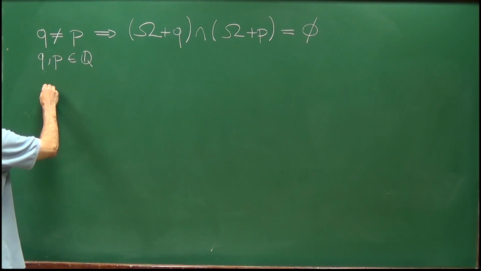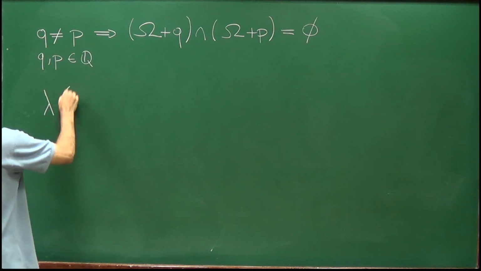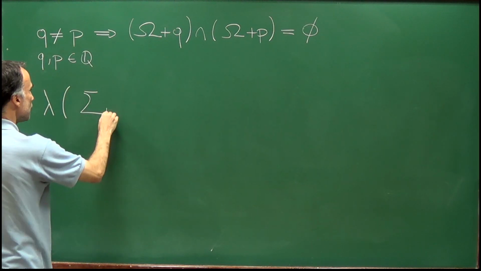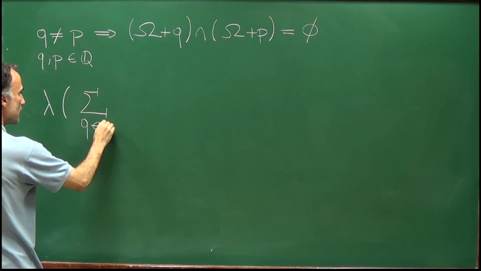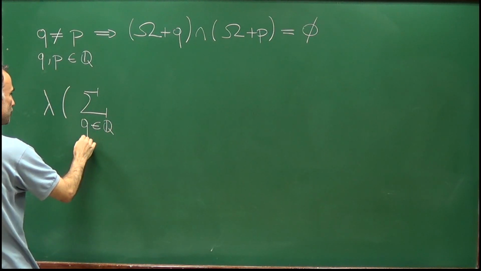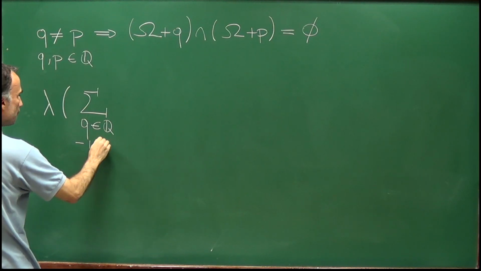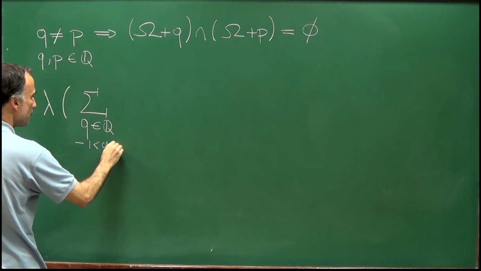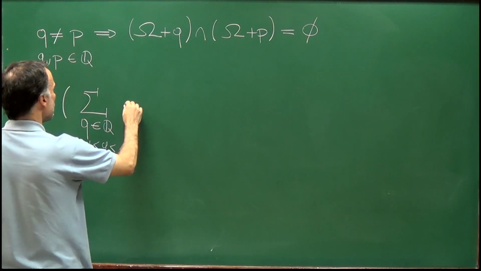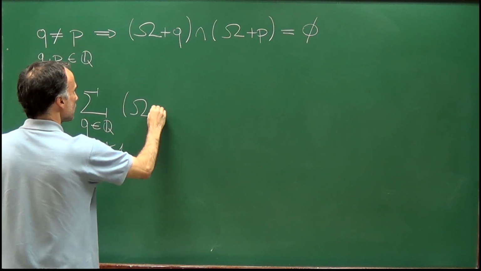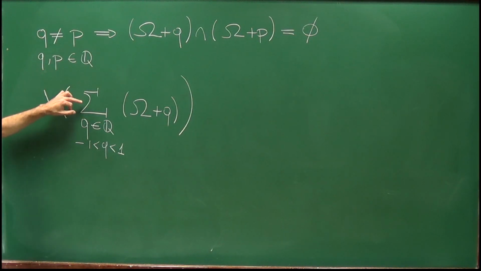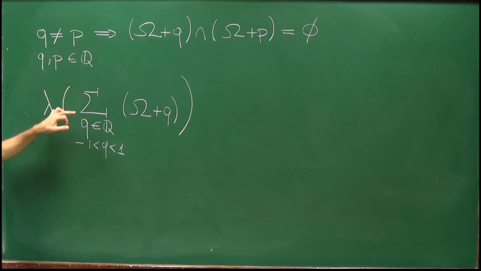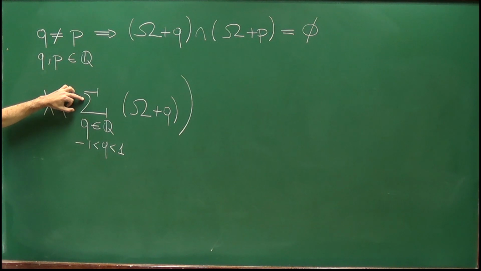So let me consider the union over all q, which is a rational number, q between -1 and 1, of omega plus q. Let me first set a notation.